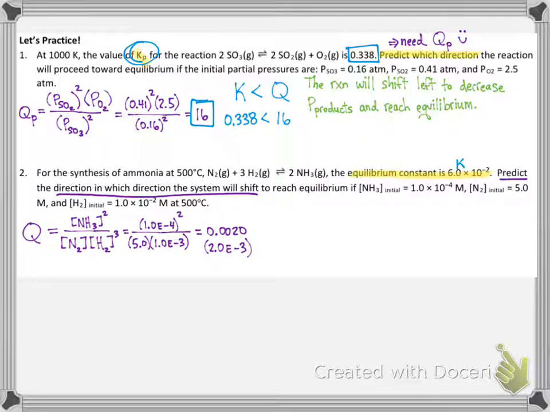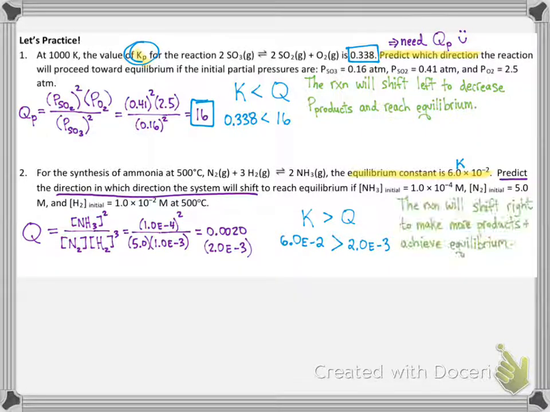But remember, it doesn't matter how small Q is. It only matters what Q is relative to K. So let's check. Well, in this case, K is a tiny value too, but K is still bigger than Q. So the reaction this time doesn't have enough products. It's going to shift right to make more products and achieve equilibrium.